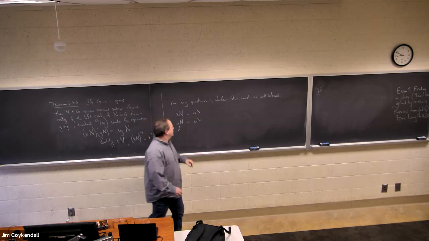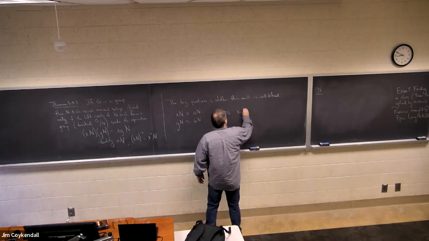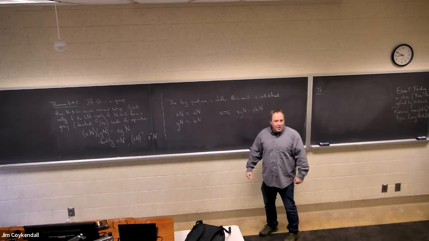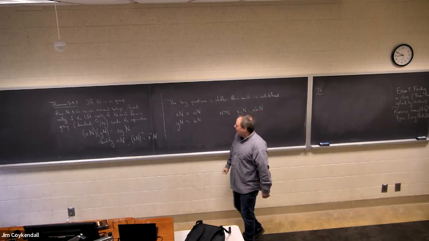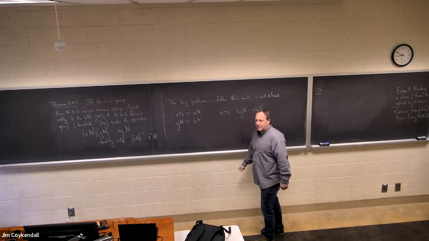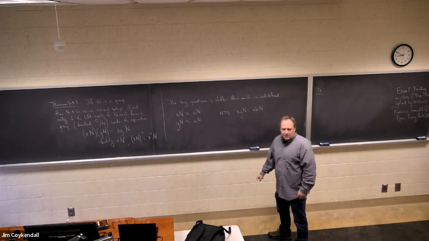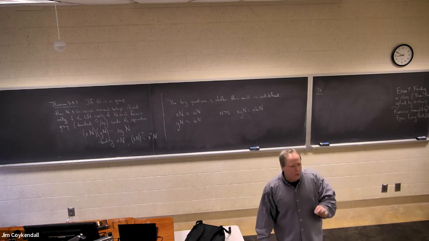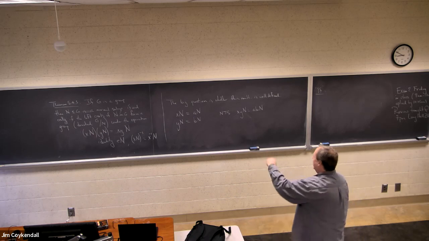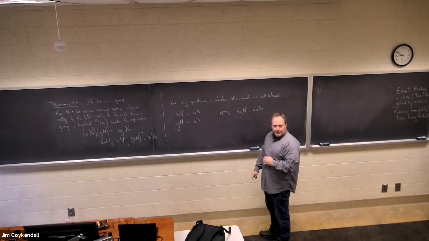We need to show that's what I mean by multiplication is well defined, because I'm going to go on my merry way and say xn times yn is this. And you're going to go on your merry way and say an times bn is that. We better get the same coset, or this is all screwed up. If we don't get the same answer, we're in a lot of trouble.